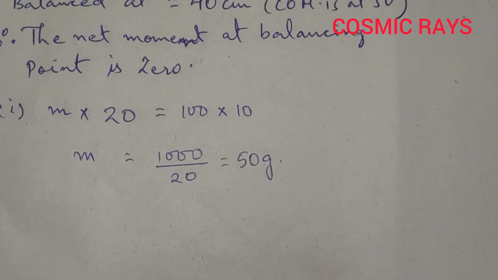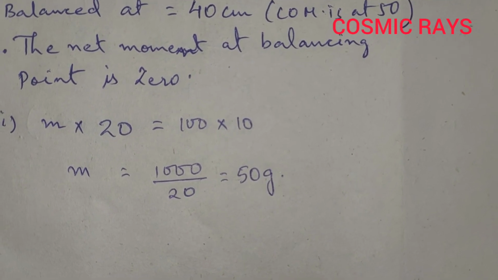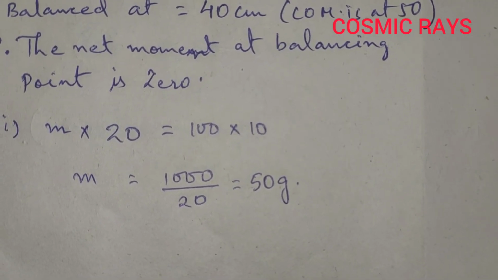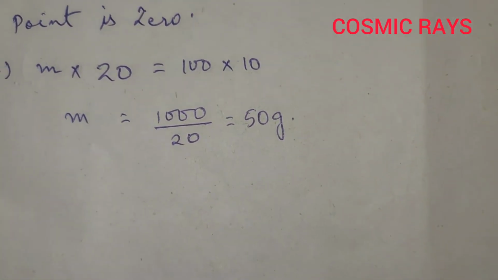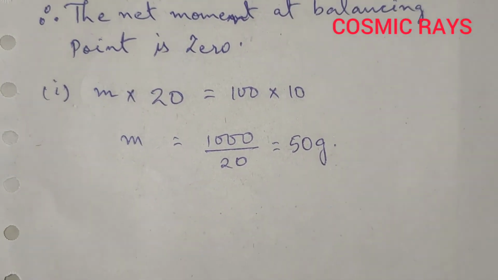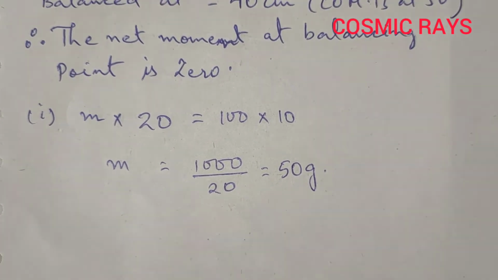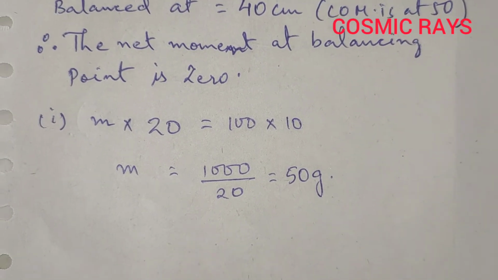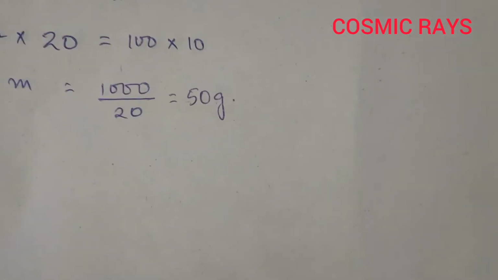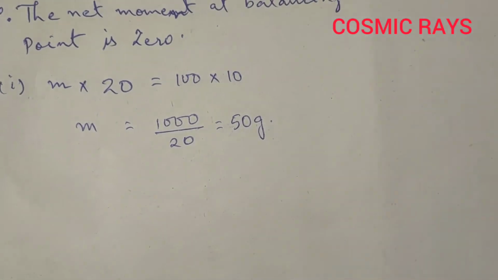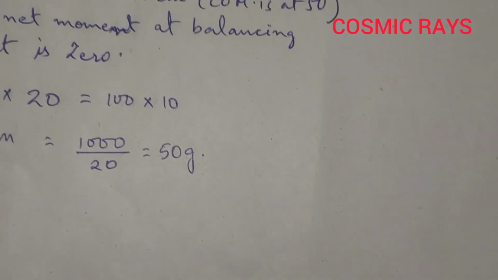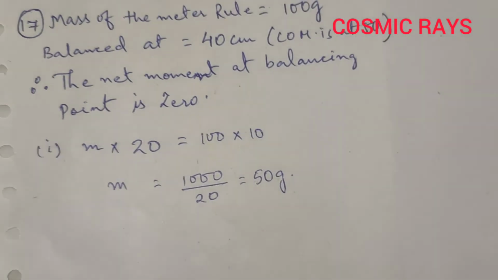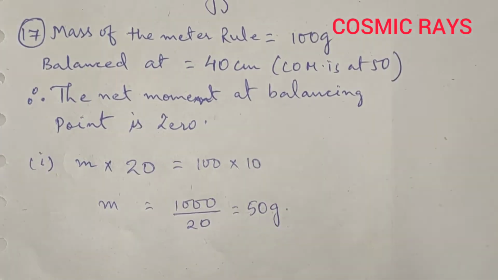Now they have asked to which side the rule will tilt if the mass m is moved to the mark of 10 centimeter. Now if the mass m, that is 50 gram, is moved to the mark of 10 centimeter, that means towards the left, then the meter scale will tilt on the side where m is suspended, that is towards the left side.